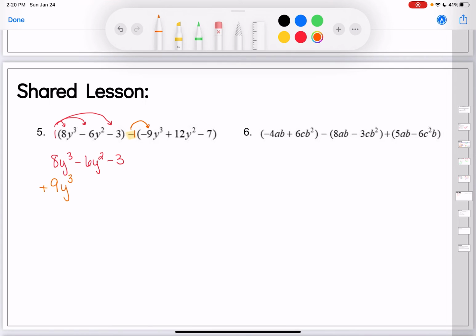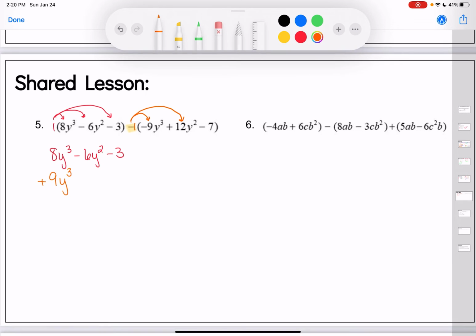All right, and so then I'm going to distribute my negative 1 to my next term. Negative 1 times 12y squared is negative 12y squared. And negative 1 times negative 7 is positive 7. And now I'm going to add these two up, right? Because I need to combine my like terms.